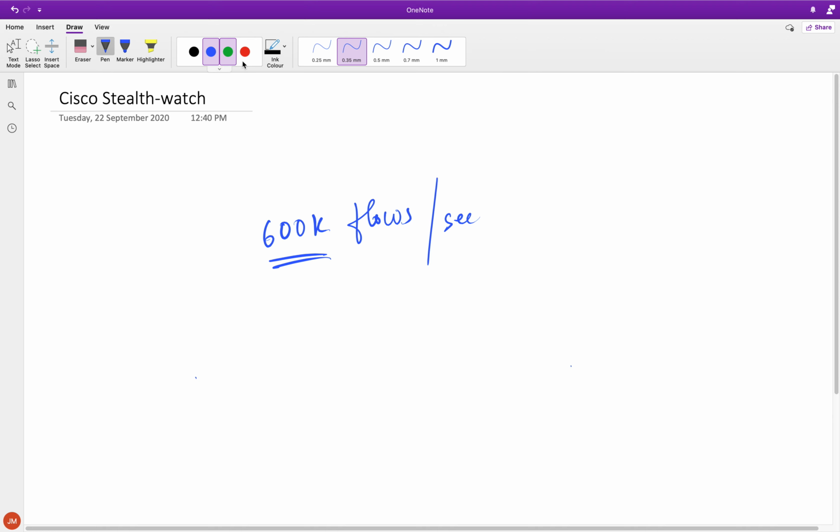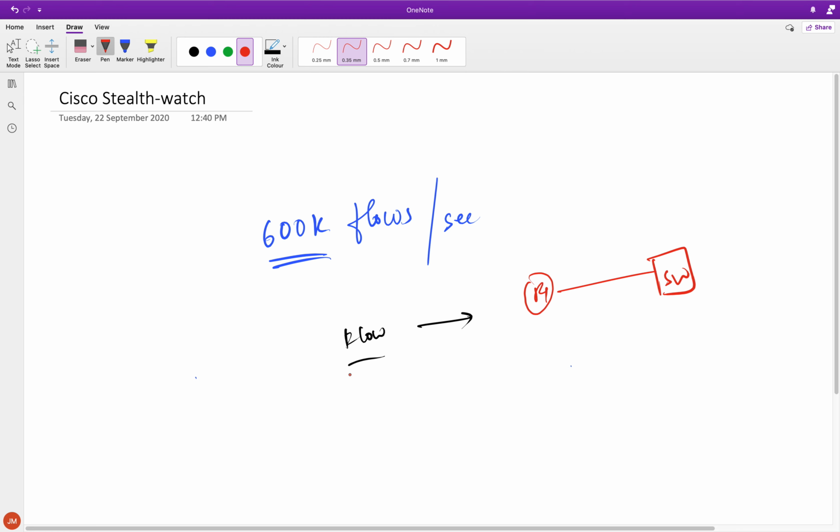Just to reiterate, when I talk about a flow, what I mean is basically a conversation between two network devices, maybe a router and a switch. A large file upload could be fragmented into multiple packets but would still represent a single flow.